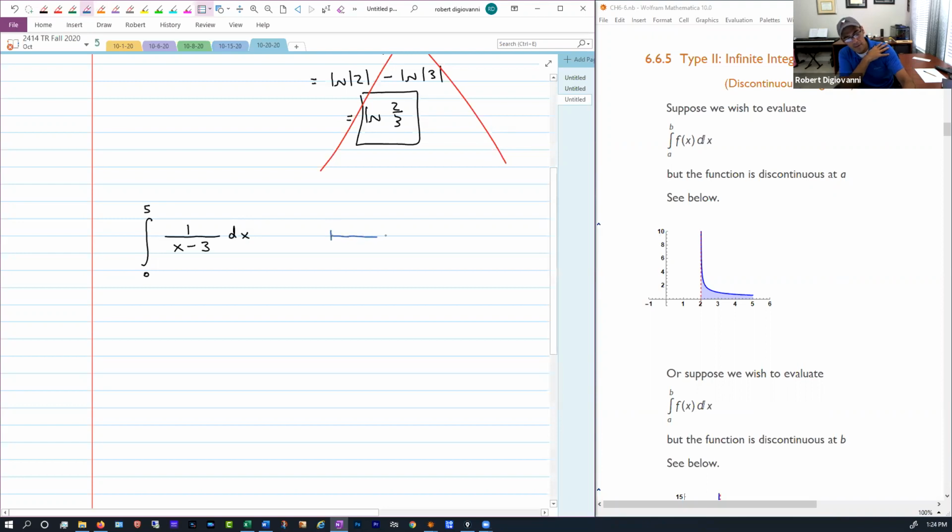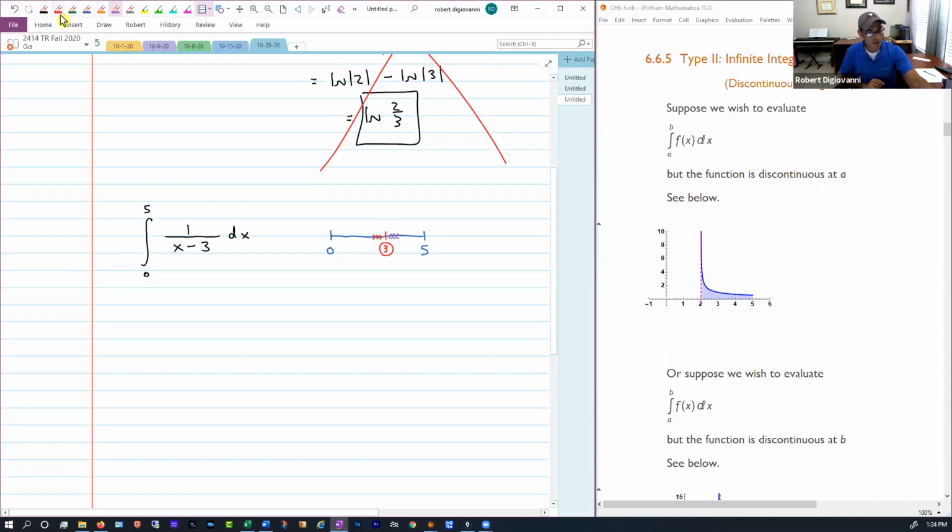I would write down the interval that we're going to be going over, 0 to 5. I would identify where you have a problem. So we have a problem at 3, don't we? So that means I'm going to have to split this into 2 integrals. The first integral, I'm going to have to approach the 3 from the left. And the second integral, I'm going to have to approach the 3 from the right.